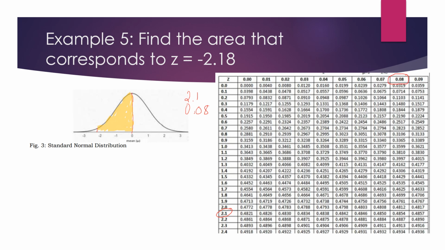Then, finding its intersection, from 2.1 up to 0.08, here it is. The area is 0.4854.